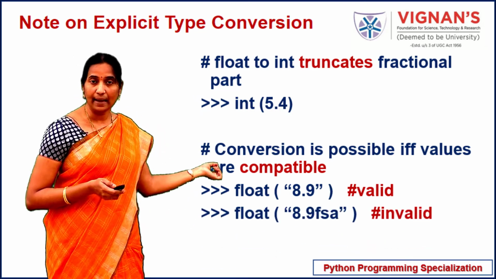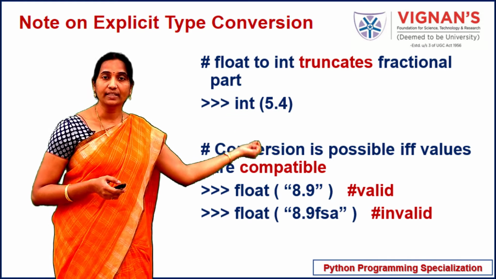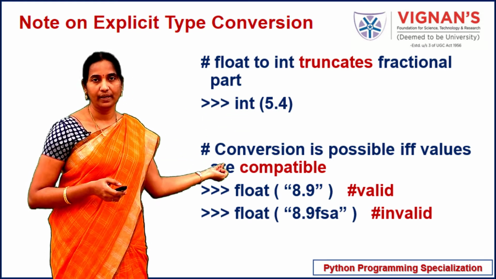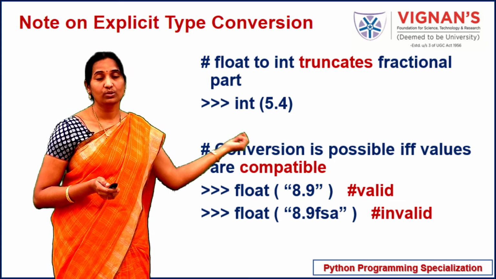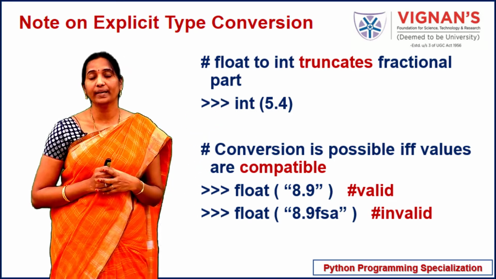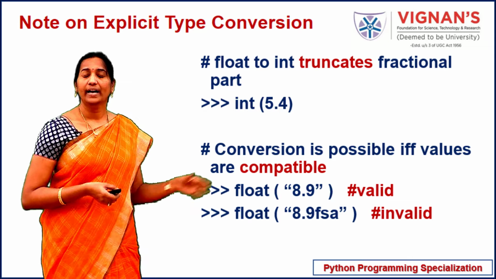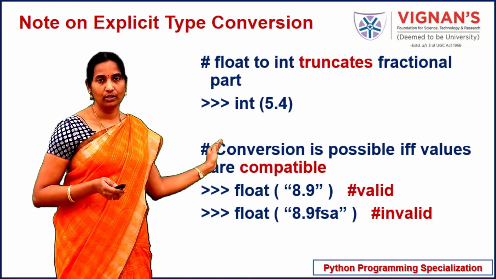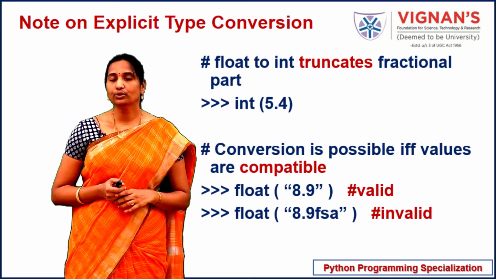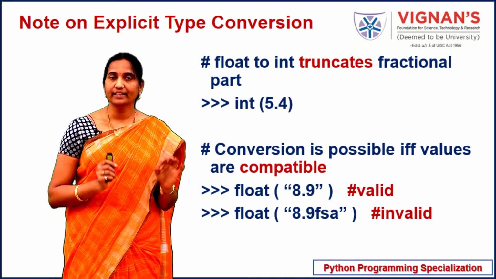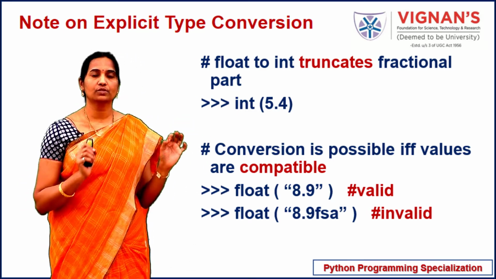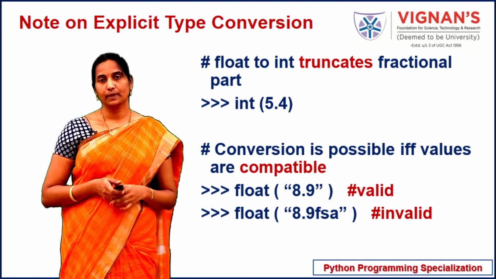Whereas consider this example where you are trying to convert a string to the floating point number, but the value you are passing is "8.9 FSA", which is actually not compatible to be a float type. That's how it is invalid to convert such values to float. So you should be a little careful when you are using explicit conversions. When the values are compatible, then only it is feasible to apply the explicit conversion.